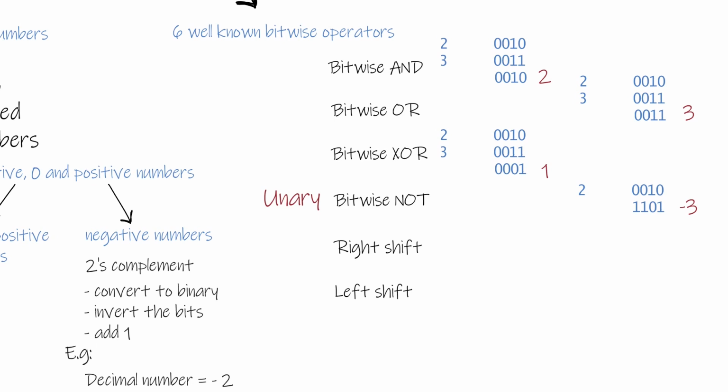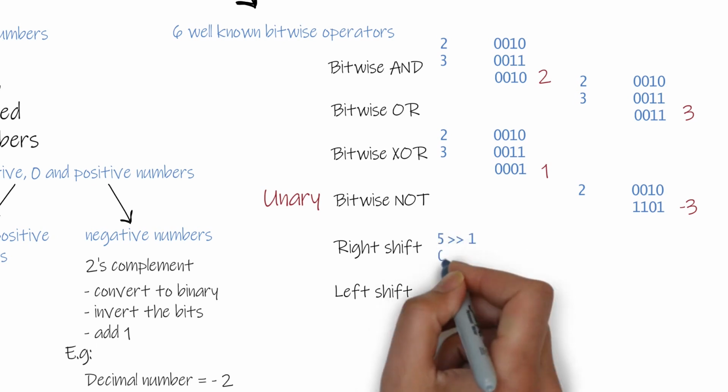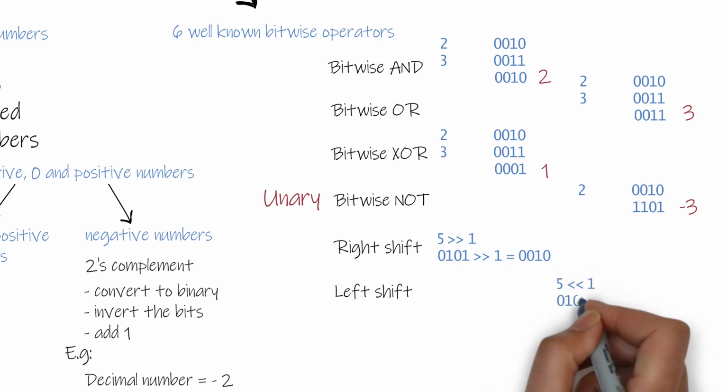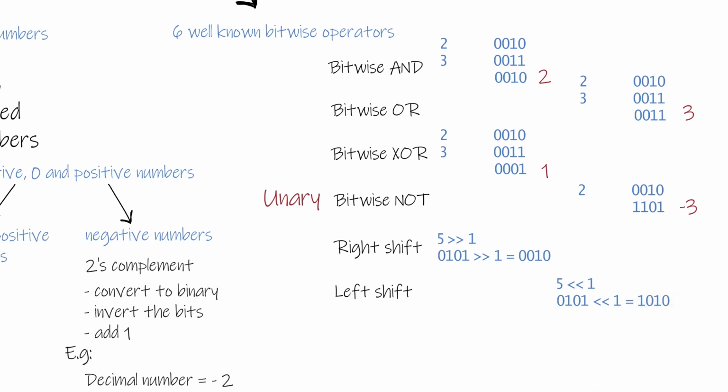While doing this operation, we keep dropping the bits from the end towards which we are moving and keep inserting zeros on the other end. So, applying a single right shift on 5, that is 0101, gives us 0010, whereas applying a single left shift on 5 gives us 1010.